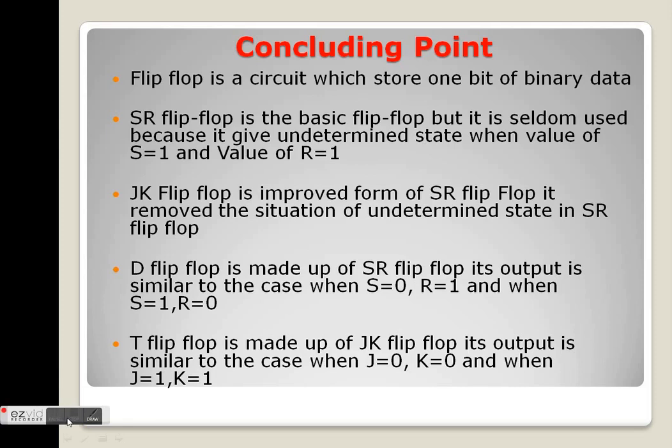Now the fourth flip-flop is T flip-flop, and it is made from the JK flip-flop. Its output is similar to the cases when the value of J is 0 and the value of K is 0, and when the value of J is 1 and the value of K is 1. It means it performs two operations. Either it retains the state of the flip-flop, or it makes a complement of its present state.